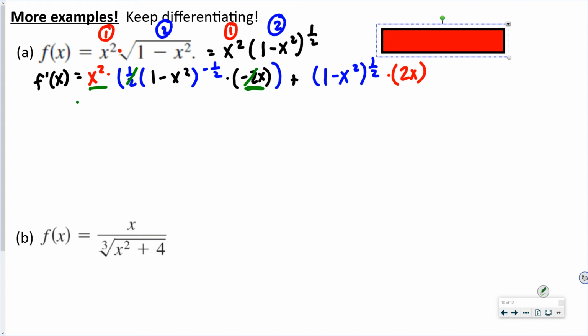So I would get negative x cubed, and then I have this piece, 1 minus x squared to the negative 1/2. Okay. Over here, on my second part, where I did the second factor times the derivative of the first, there's nothing I can really do here. I'd probably write that 2x in front.